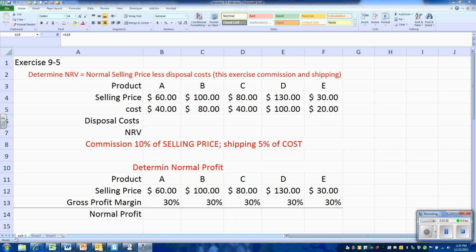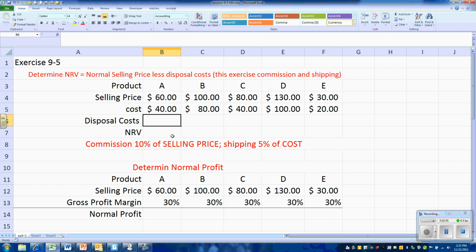I've listed our products across the columns, and from the problem I took the selling price that was given and the cost. Why do I need both? Well, the commission is going to be based on the selling price, the shipping on the cost. Our net realizable value will be the selling price minus the commission minus the shipping.